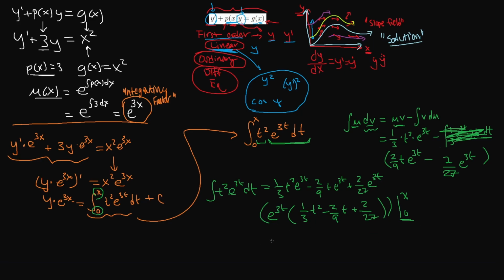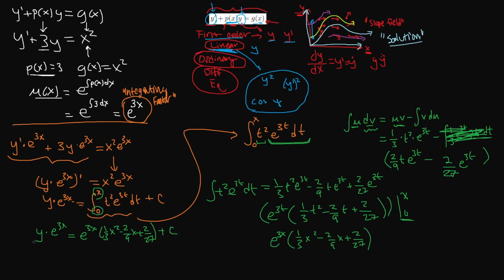So this is just e to the 3x times 1/3 x squared minus 2/9 x plus 2 over 27. Actually, yeah, I guess we have to keep the 2 over 27 there. So we have y times e to the 3x is equal to e to the 3x times 1/3 x squared minus 2/9 x plus 2 over 27, and then plus c.